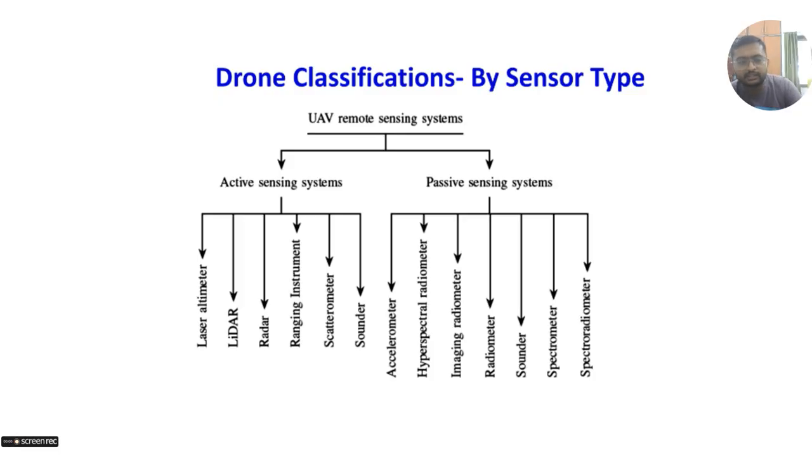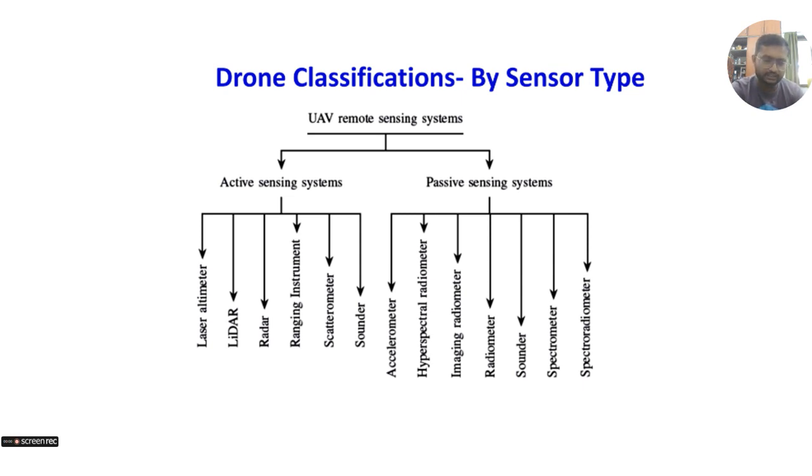Here we have active sensors and passive sensors. In active, we have altimeter, which is useful for measuring heights, preferably water surface elevations. There are various altimeter satellites; SARAL-AltiKa is from India and is useful for water surface detection. Lidars are also active remote sensing that we already learned in the previous class.